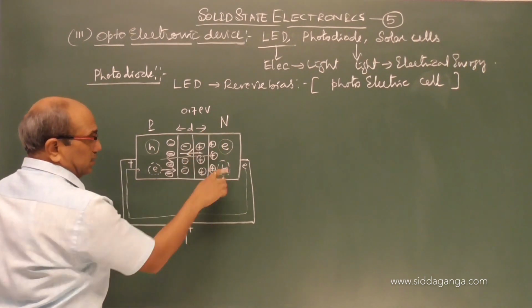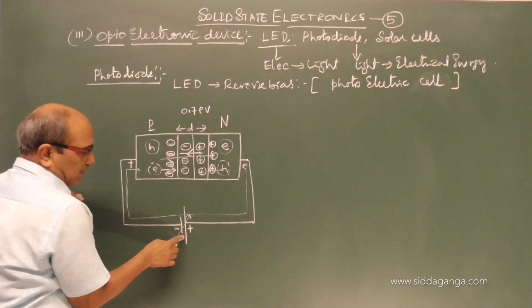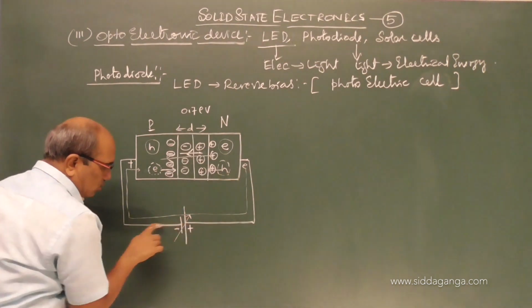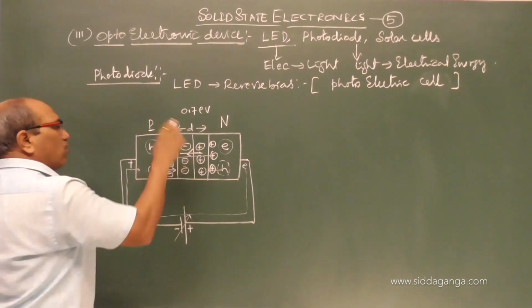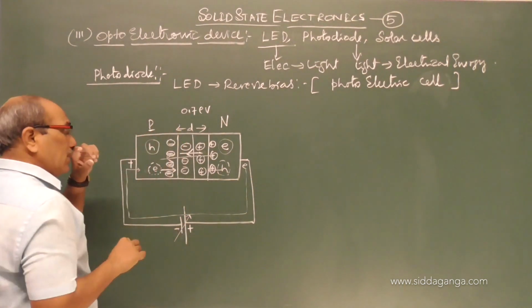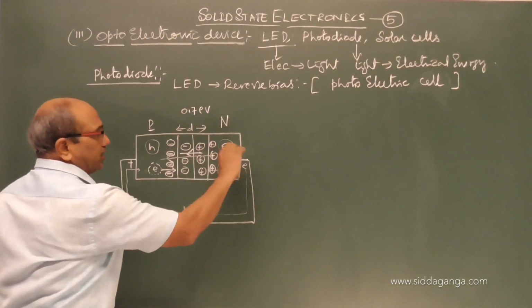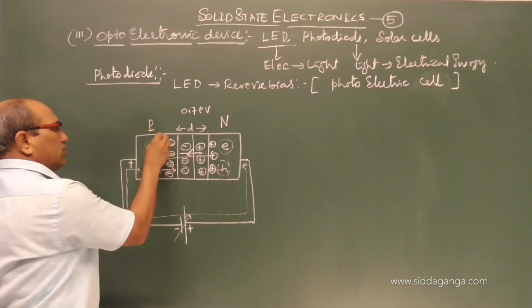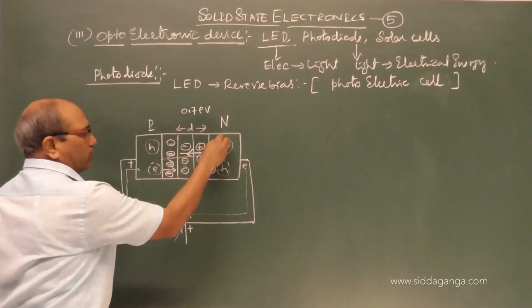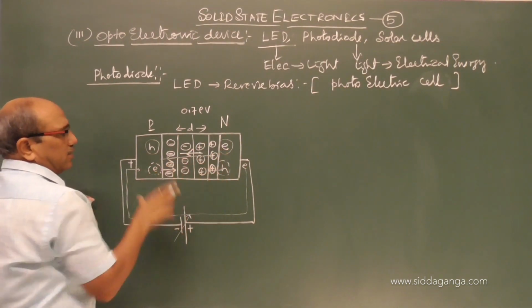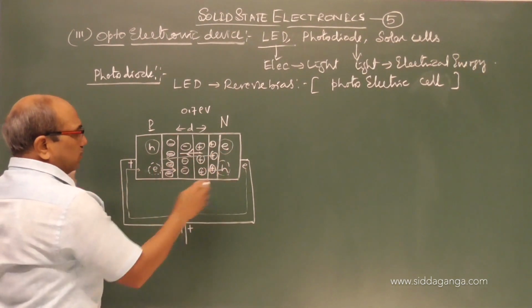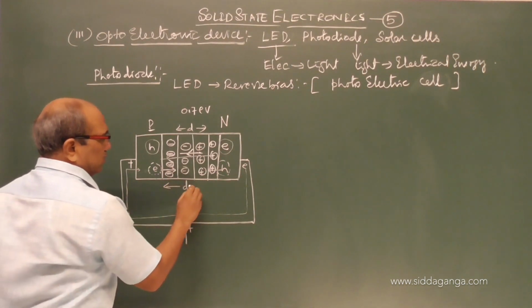The electron number is decreasing because of the flow due to this applied voltage. Electrons rush towards the P region and are locked by the holes in the P region, depleting electrons and depleting holes. That means majority carriers go on decreasing on either side. Widening of the depletion layer takes place.